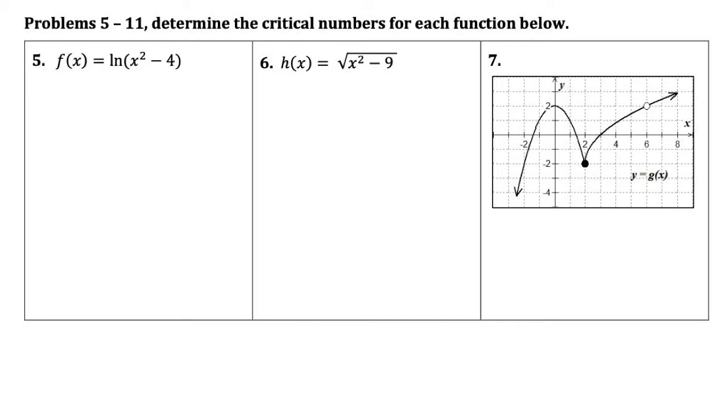A critical number is where your function's derivative equals 0, or, and this is something I forgot the other day in class, I didn't list it, f prime of x is undefined. So that's going to add a few more things to our answer in number 1.